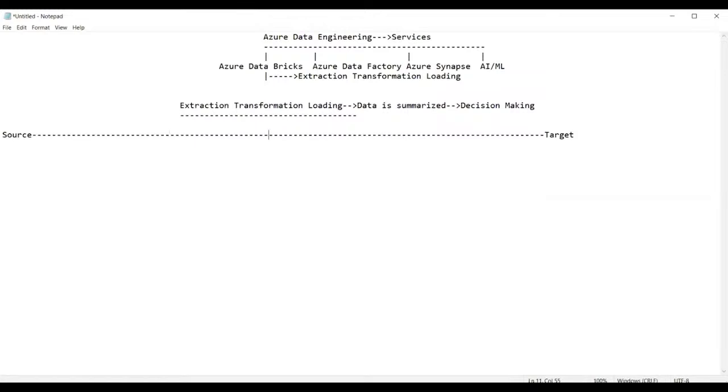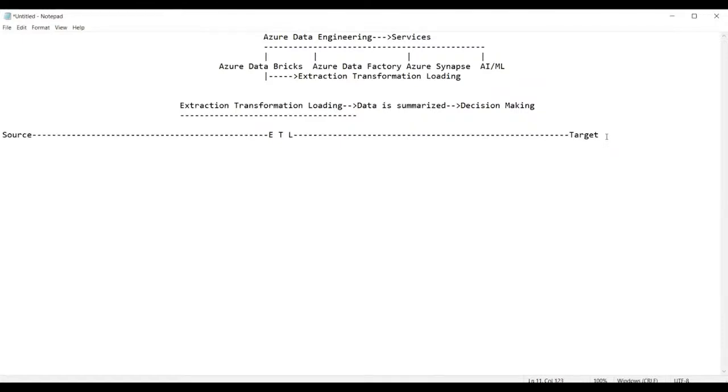Between the source and the target, this process of ETL is always applied, irrespective of whatever service we use. Generally, I'm talking about ETL. ETL is a process where the data is summarized. So what is the source, and what is the target? Let us try to understand this, guys.